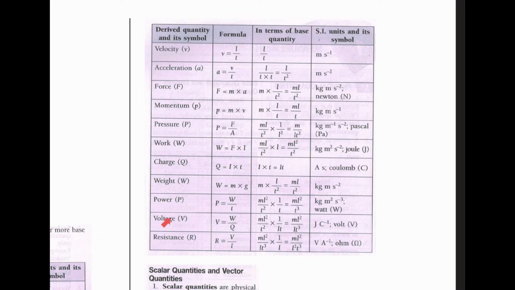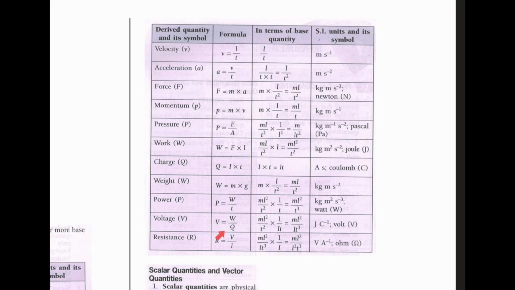Okay, so if you meet this again and at that time you remember it. So now you need to know how they change everything to base quantities, and that will be good enough already. Okay? How they change it to base quantity.